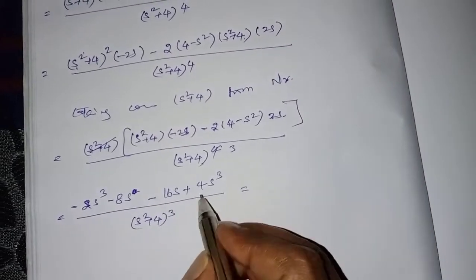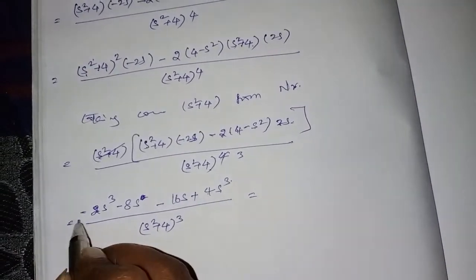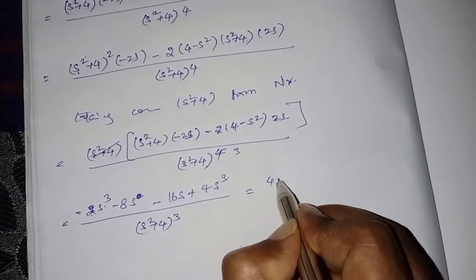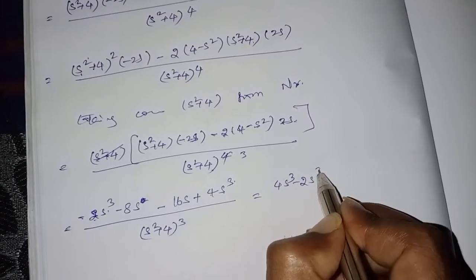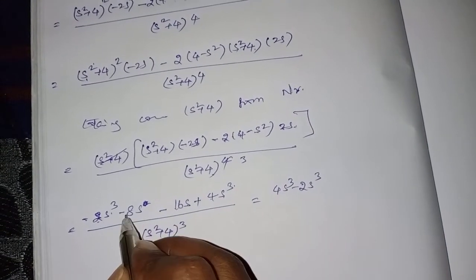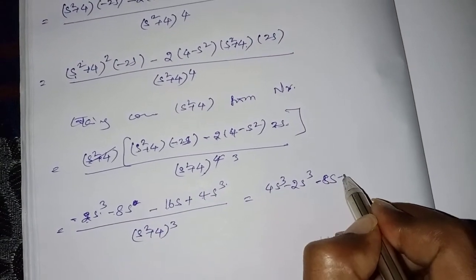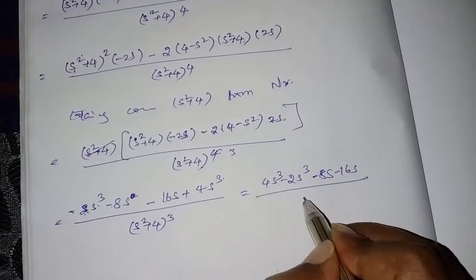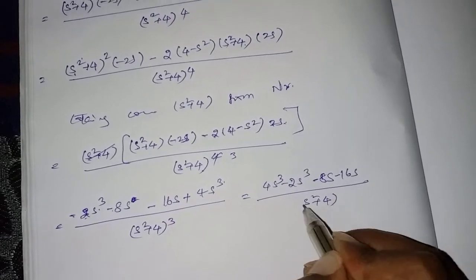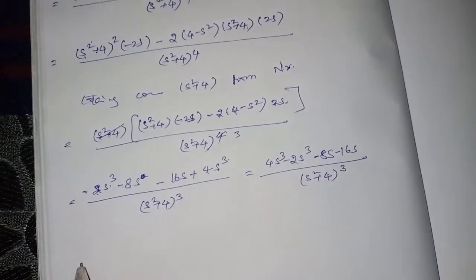That is equal to, see this is 4s cube, this is minus 2s cube, 4s cube minus 2s cube, 16s minus 8s, this is minus 8s minus 16s, by (s square plus 4) whole cube.